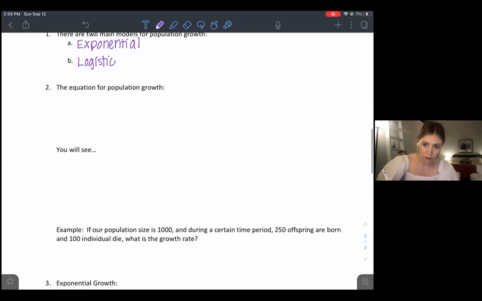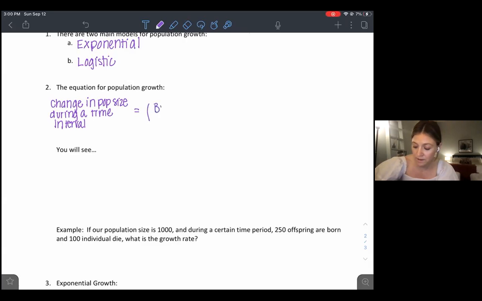So we have our overall equation for population growth, and it basically says that the change in population size during a specific time interval is going to be equal to the number of births.